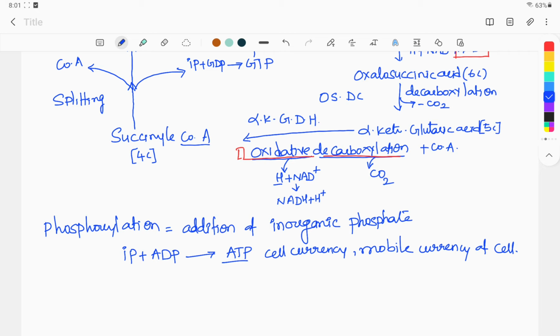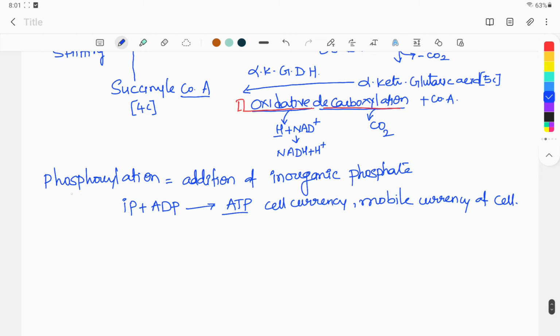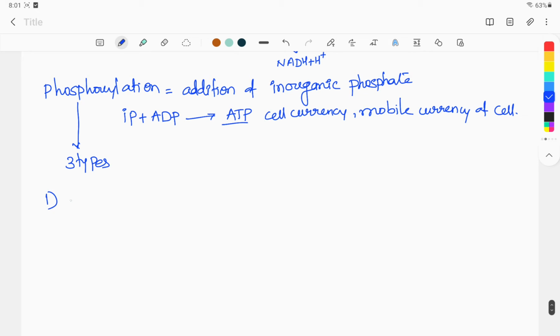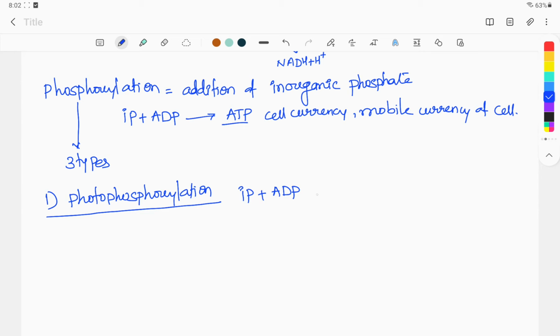So this phosphorylation takes place in 3 types. Let us see what they are. One is photophosphorylation. What is new here? Photo is new. This is addition of inorganic phosphate to ADP to give rise to ATP in the presence of sunlight.